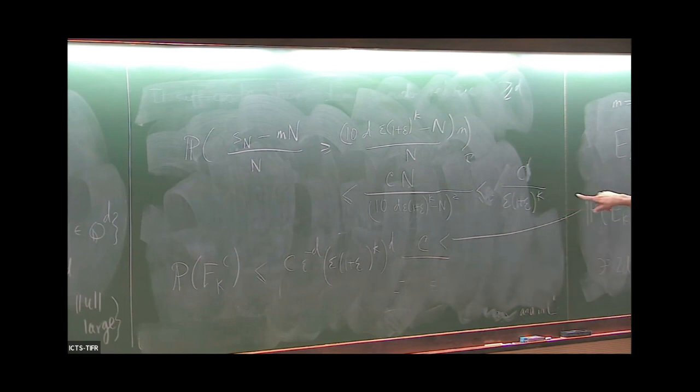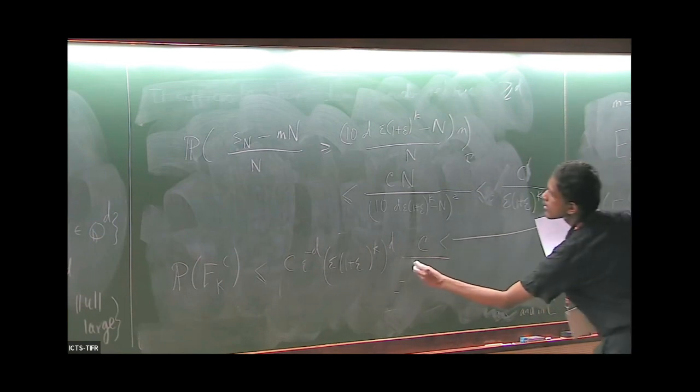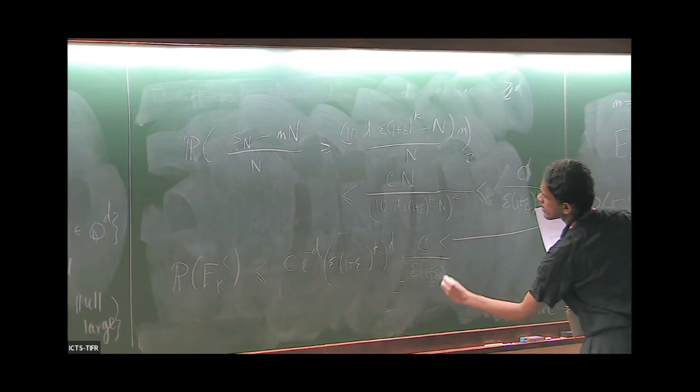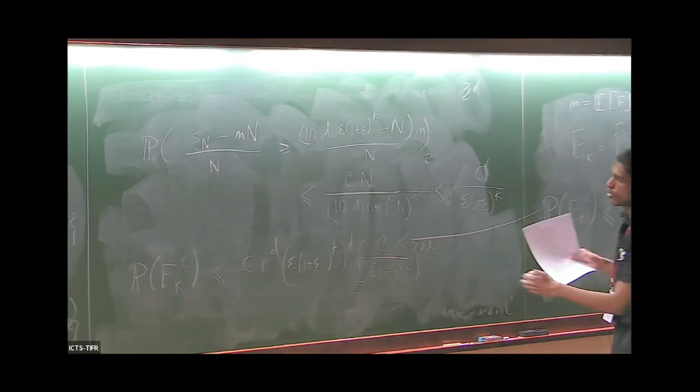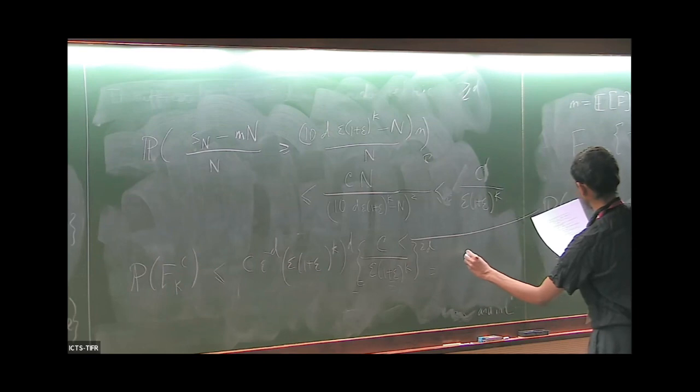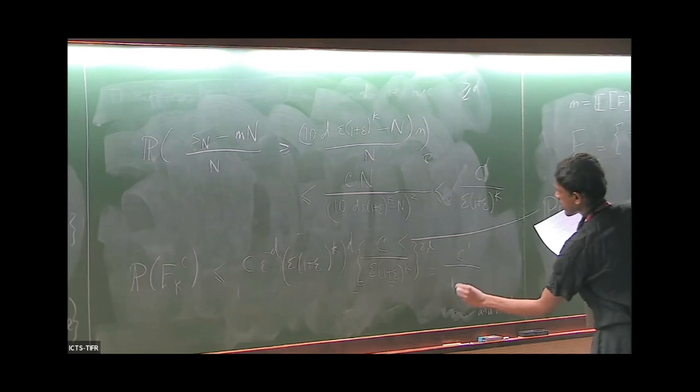So this is for a single path. Remember, there are 2d such disjoint paths, so I get a kd exponent here and a minus 2kd exponent there. So the final thing will be of the order of c prime divided by (1 plus epsilon)^(kd).